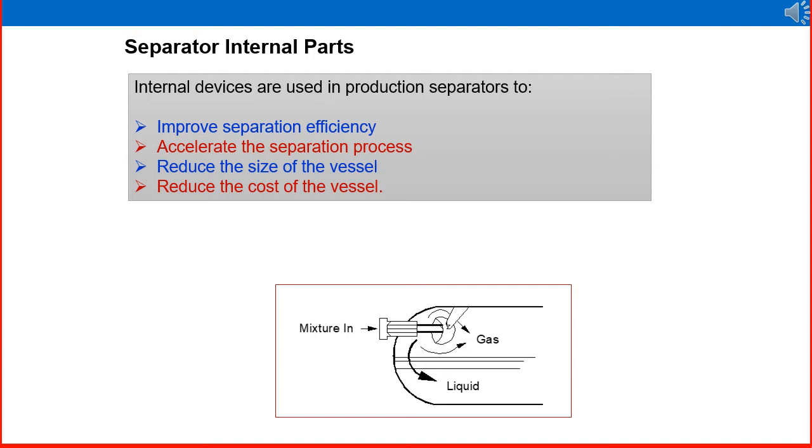That is a chemical helper. Another helper is the mechanical helper, called separator internal parts. It will improve the efficiency, accelerate the separation process, reduce the size of the vessel and reduce the cost of the vessel.